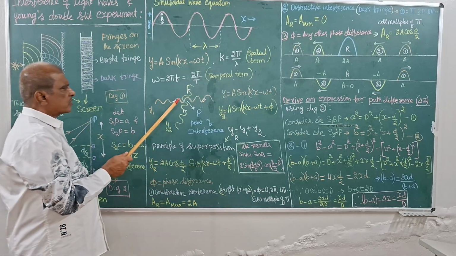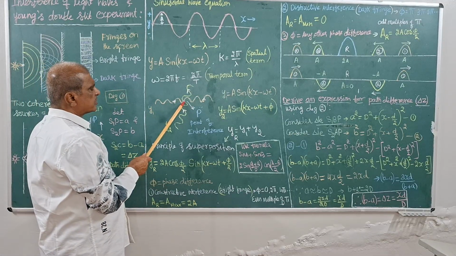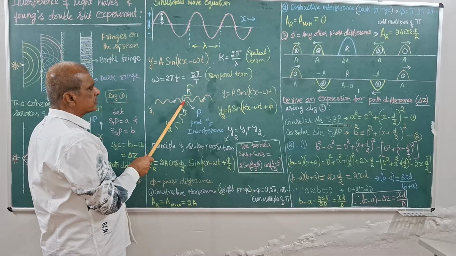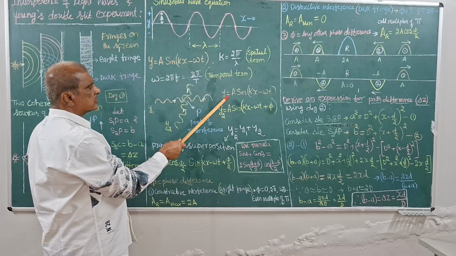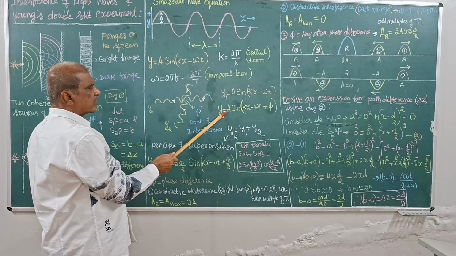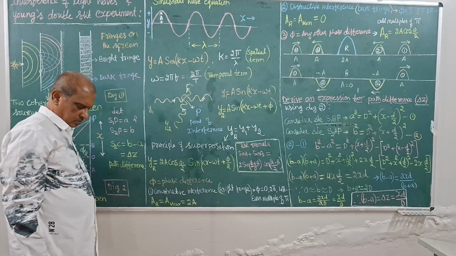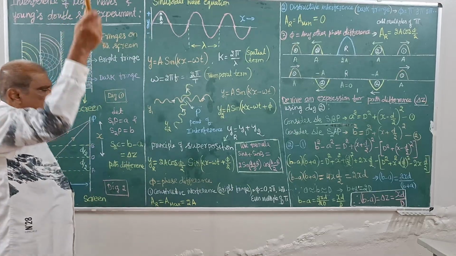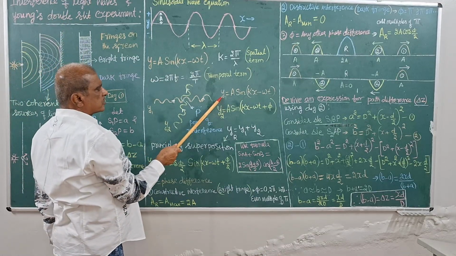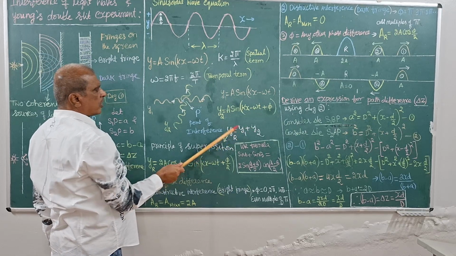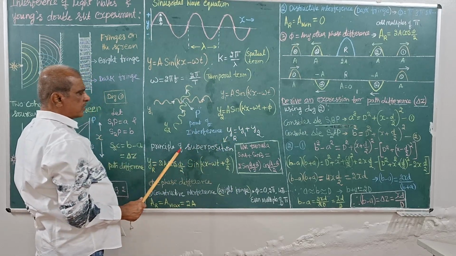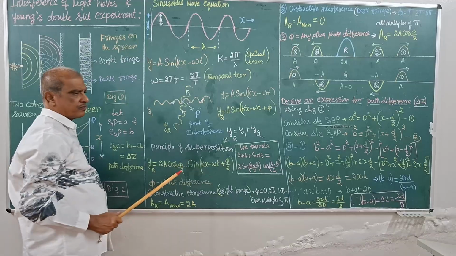Let us calculate how to find the resultant of the wave at this point. Since a wave is a vector, these two mathematical equation functions are vector quantities. When you add up two vectors, this vector plus this vector, it follows the principle of superposition.